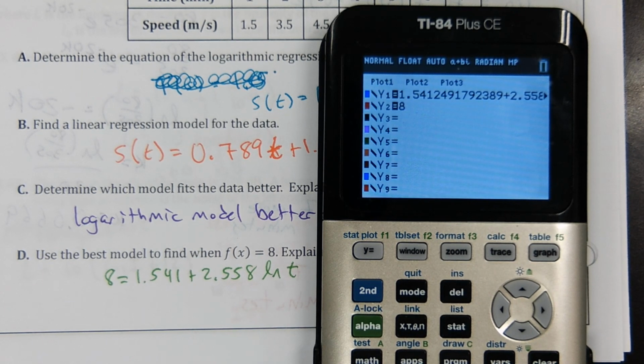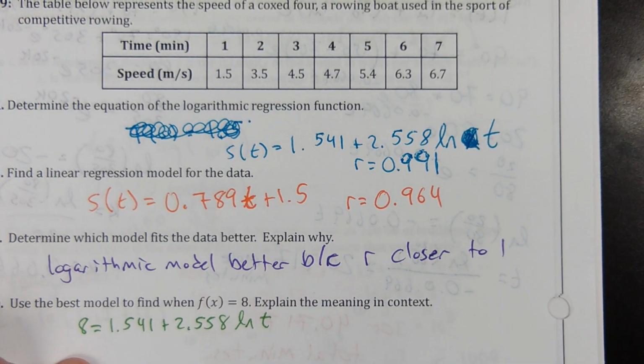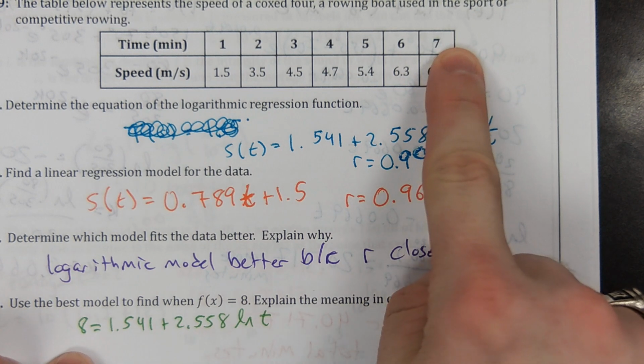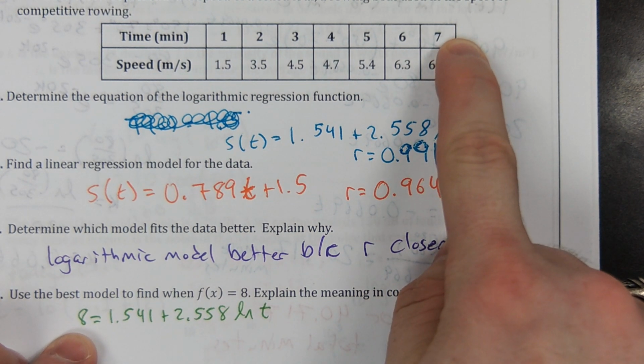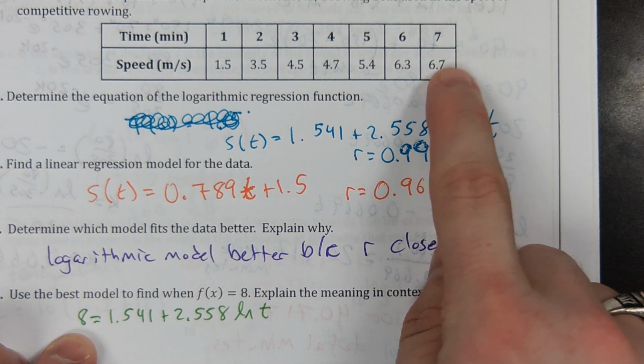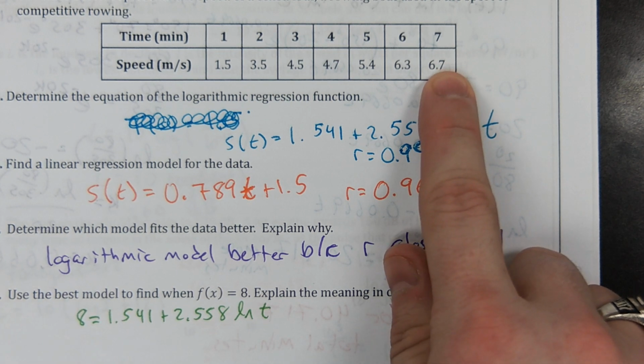Here's what we know. We know that the x value is going to be bigger than 7 because I hadn't gotten to 8 yet. So I don't know, 10 might be enough time. I'm not sure. So because I don't know if 10 is enough, I'm going to go to 20.